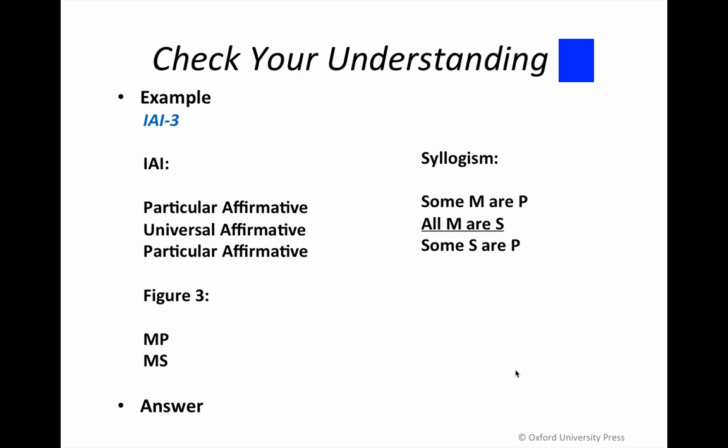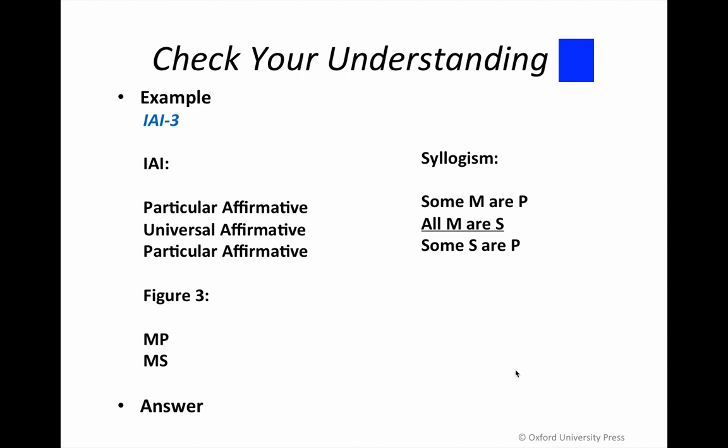Remember, I propositions don't distribute either the subject class or the predicate class. So that means no term is distributed, so the rule doesn't apply. Move on to rule number 3. An argument can't have two negative premises. It does not. Both premises are affirmative. Rule number 3 is satisfied.